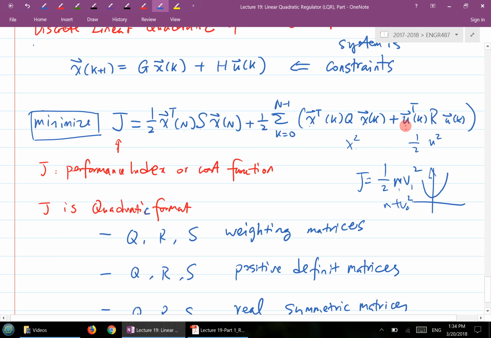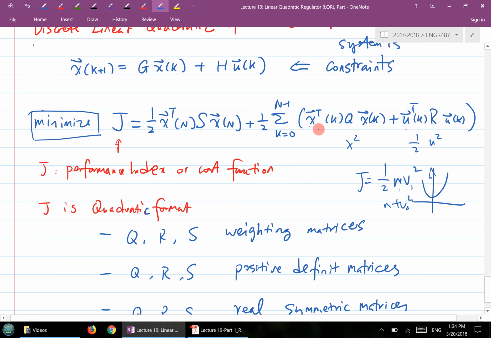That's the point, and that's exactly what you're trying to do in control. You want less control input, basically saving energy. At the same time, you want to minimize the x value. Ultimately, if it's a regulation problem, you want everything to go back to 0. That's exactly the idea we want to achieve here.